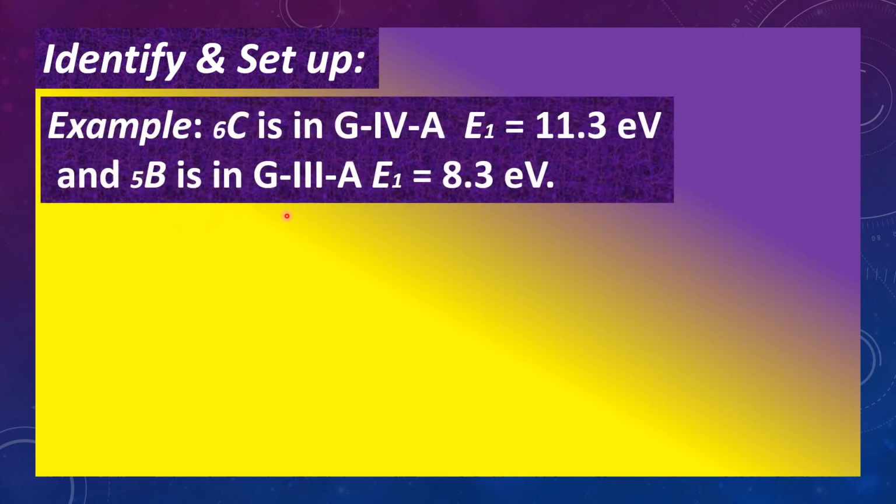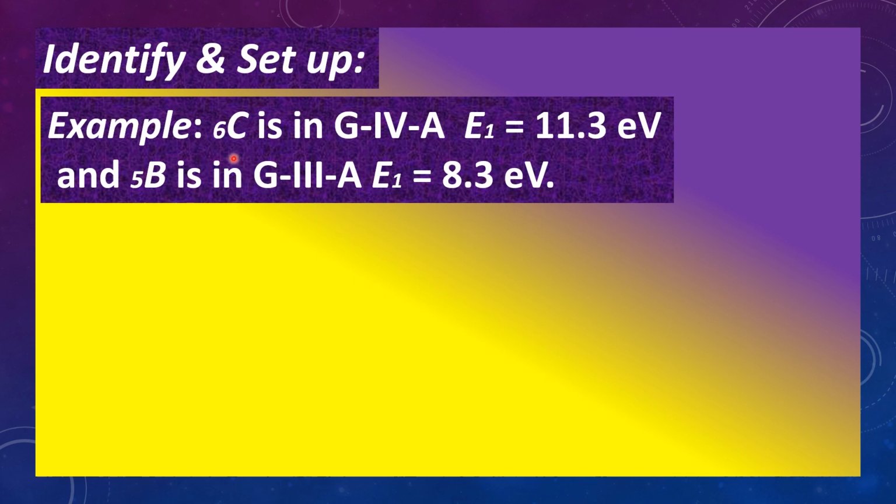Another example of elements belonging to the same period, whose first ionization energy doesn't seem to follow the trend. We said that within a period, the first ionization energy increases from left to right.